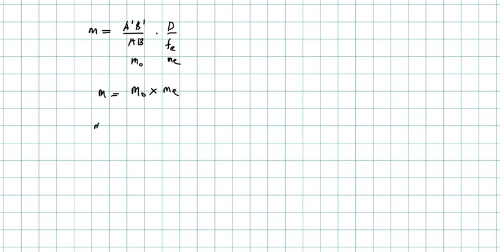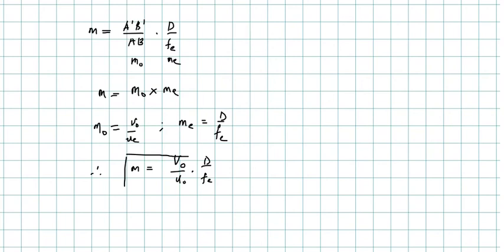Now, magnification of the objective is nothing but VO by UO, right, and magnification of the eyepiece will be D by f of e. Therefore, magnification must be equal to VO by UO into D by f of e, correct. So this is our relation for the magnification for the compound microscope in far point adjustment.